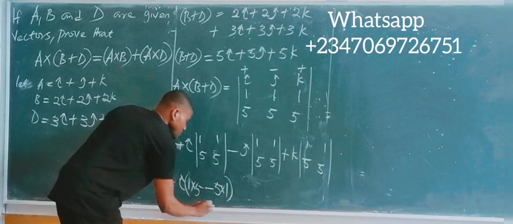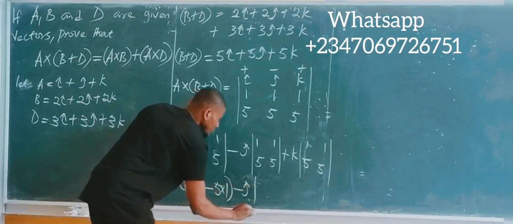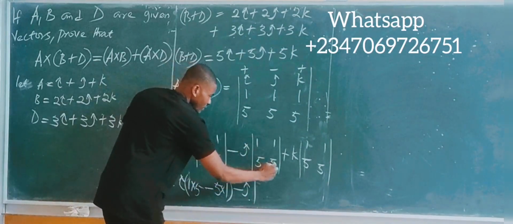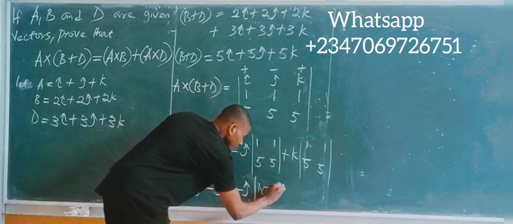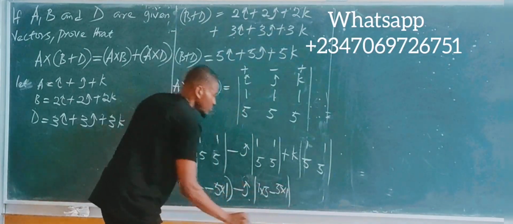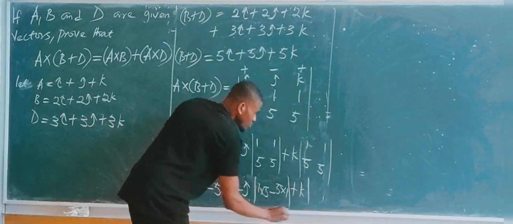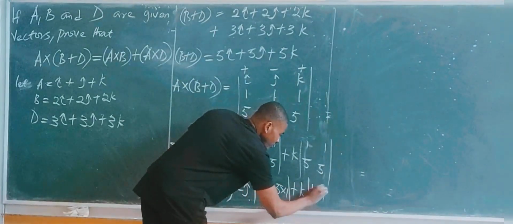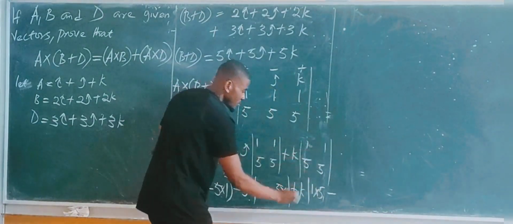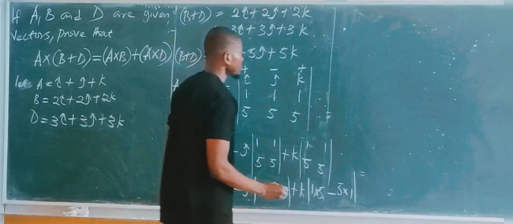Minus j into also the major, 1 times 5, minus 5 times 1. Okay, so I have this plus k into the major 1 times 5 minus 5 times 1, which is the minor. So I have this.